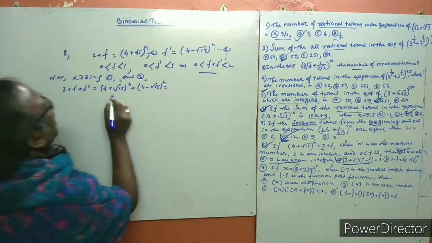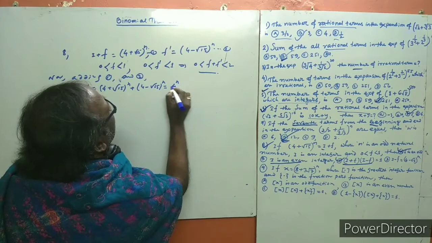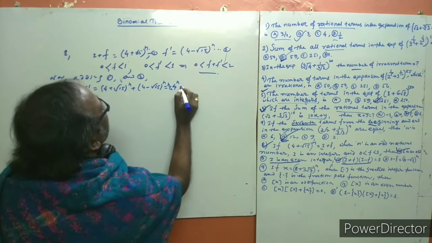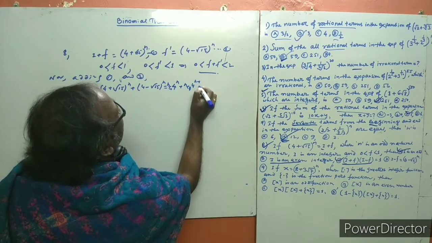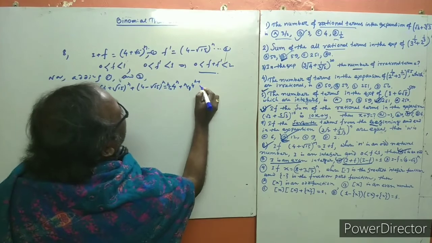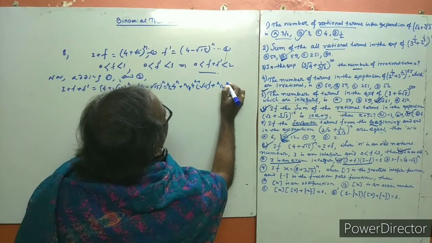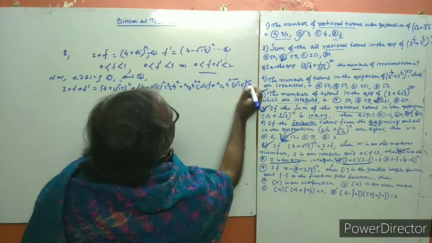Now see, expand this series, that is nC0 4 to the power n, nC1 4 to the power n minus 1 and root 15 to the power 1, and nC2 4 to the power n minus 2 and root 15 to the power square.